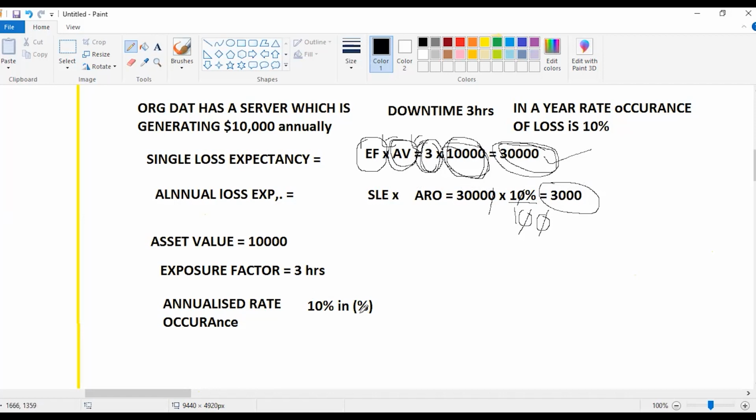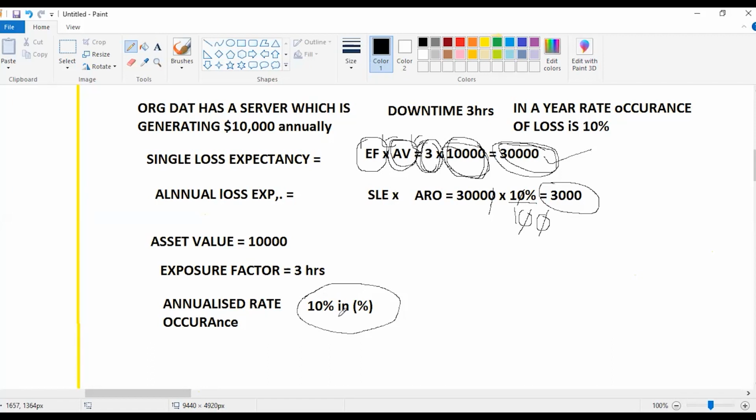So that's why you asked us about the ARO, right? You faced it 10%. It might be in this 10%. Let's say your server faced downtime twice in this 10%.